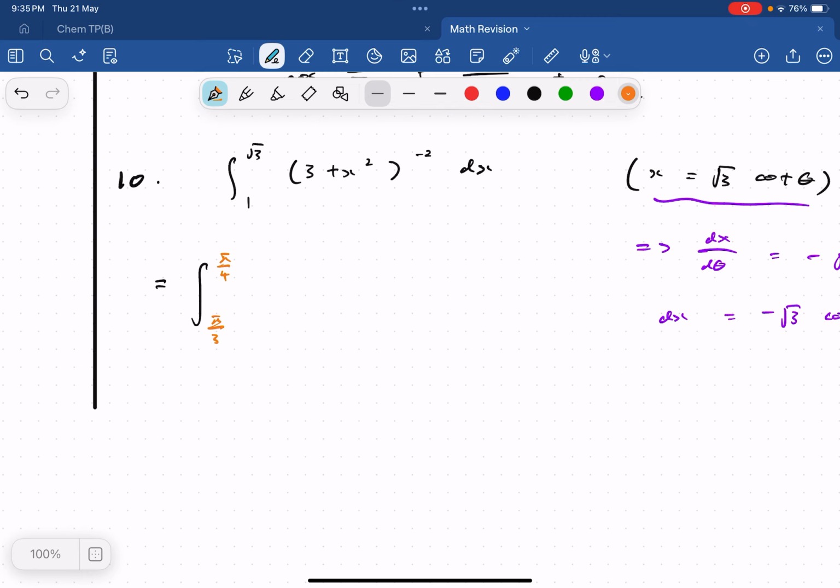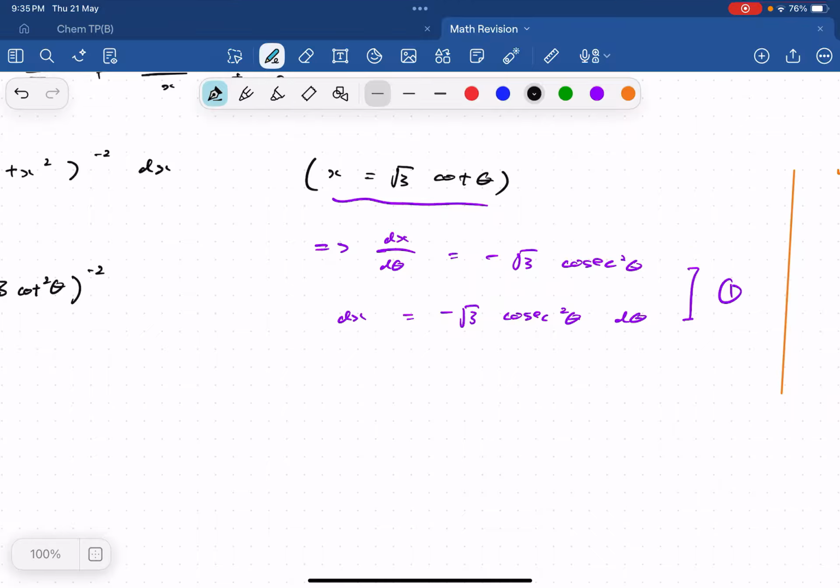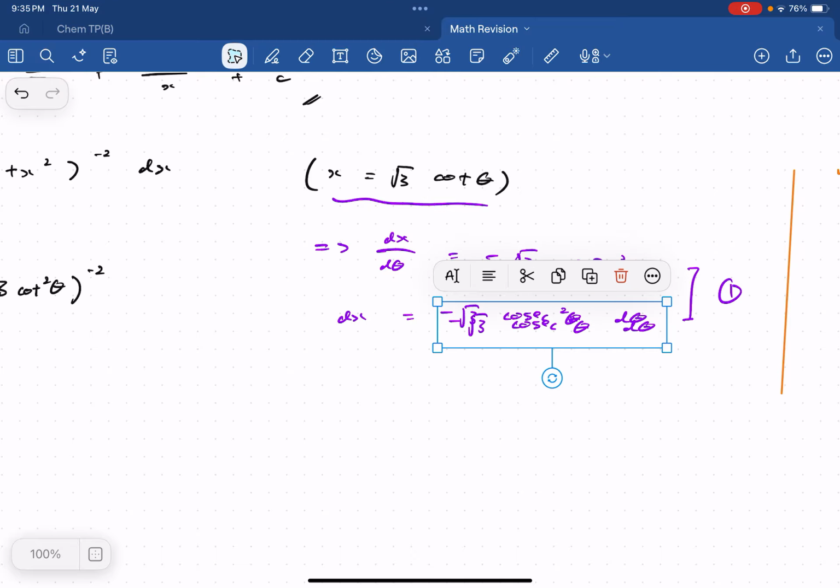Okay? And then instead of 3 plus x squared, I now have 3 plus 3 cot squared theta. And then I replace my dx with d theta.